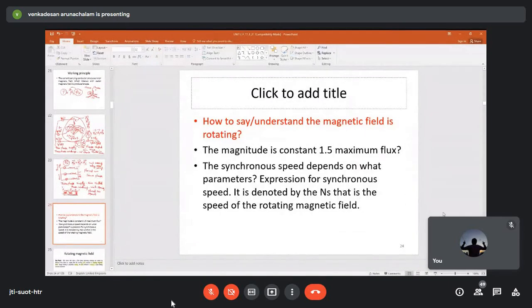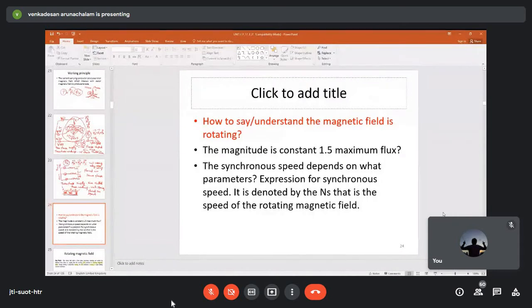So we have to understand all these three now: how the produced magnetic field is rotating, how the magnitude comes to around 1.5 times the maximum flux, and what the expression for the synchronous speed is.